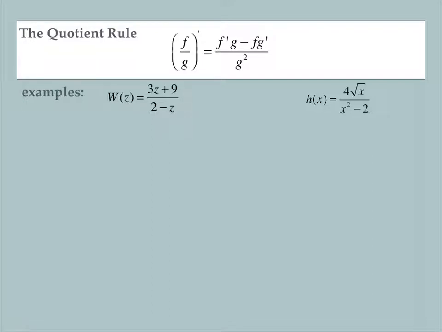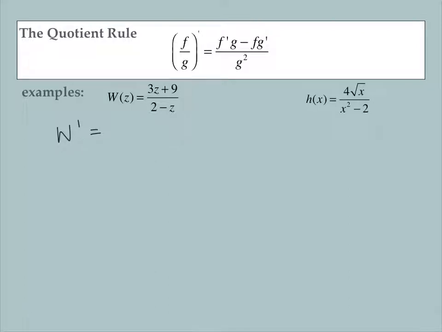Like (3z + 9) over (2 - z), you definitely couldn't divide that, right? 3z plus 9 does not divide by 2 minus z, so you'd have to use the quotient rule. So I would do the derivative of the top.